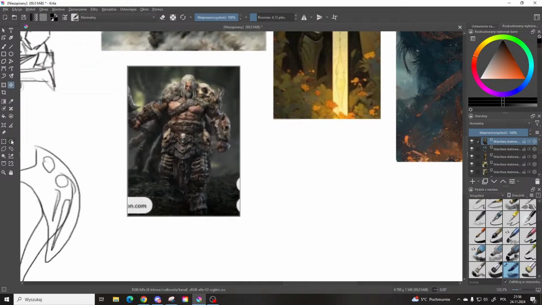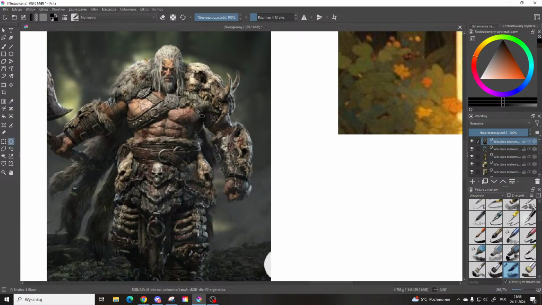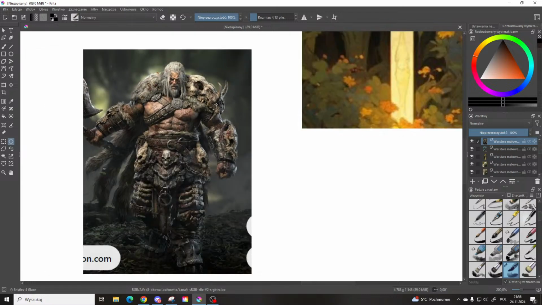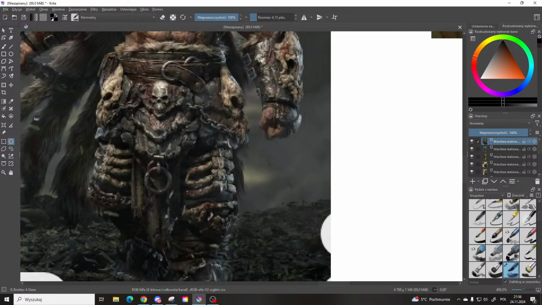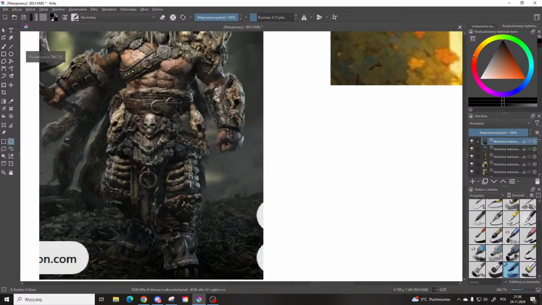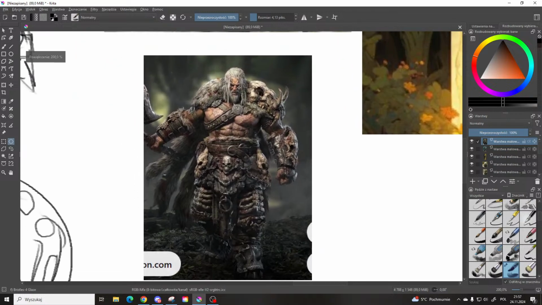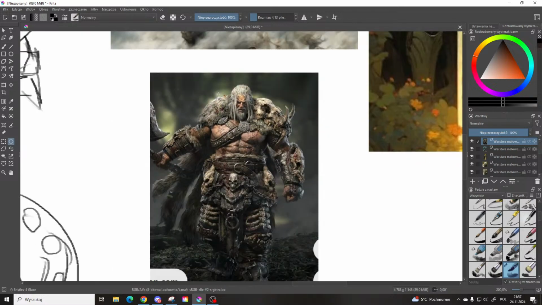This is an example of those trophies that could suggest his position. I like it. A lot of bones, obviously, because bones are cool. And he's kind of asymmetrical thanks to that.